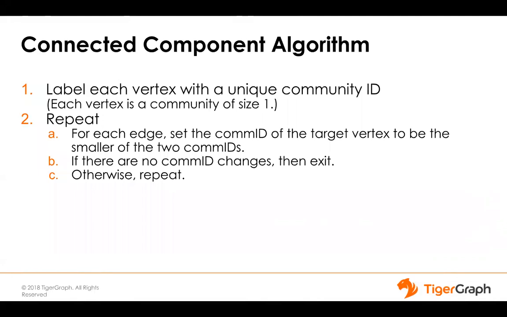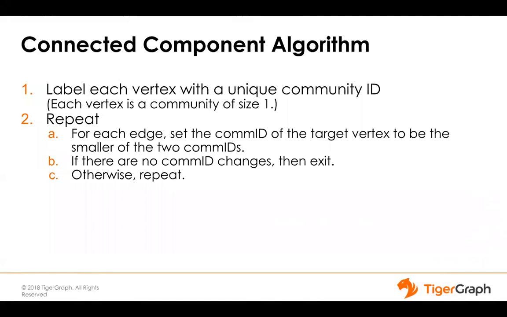So that's one iteration. For every edge you look at, set the two endpoints to be the lower of the two IDs. So you could imagine that typically, on average, after one iteration, you've cut the number of different IDs in half. You now have half as many IDs, and everybody's in communities of 2.